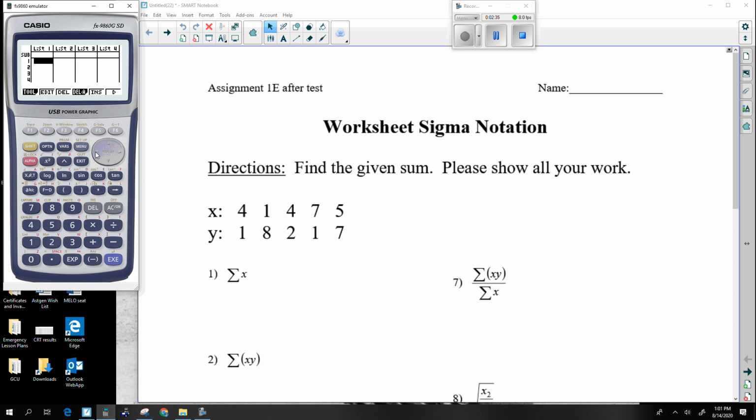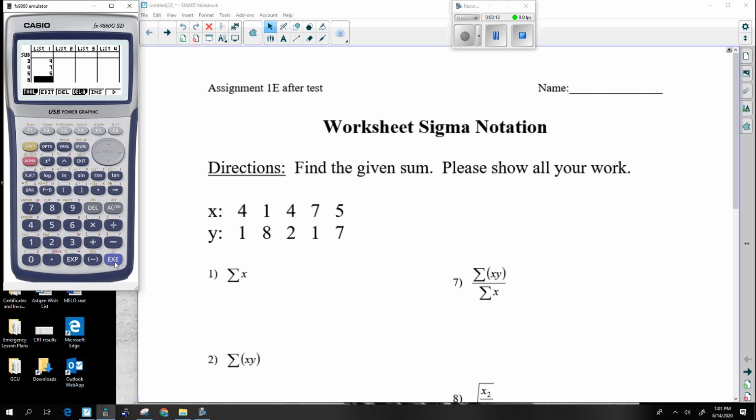All right. Then once you have all clear lists, I want to go back to list 1, and I'm going to make list 1 all of my X's. The very first number, again, don't mess up the order of these numbers. Just enter them in the order. So the first number is 4. I hit 4, and then you have to hit enter to actually enter it. So 4, enter. 1, enter. 4, 7, 5.